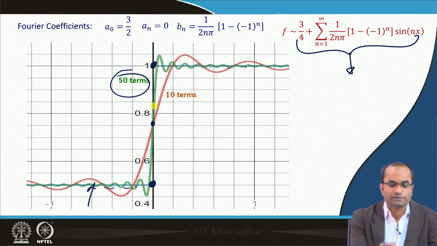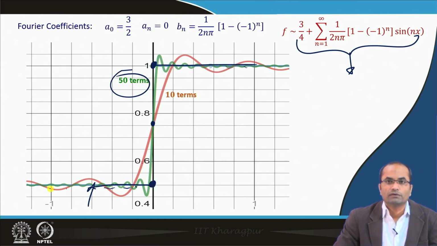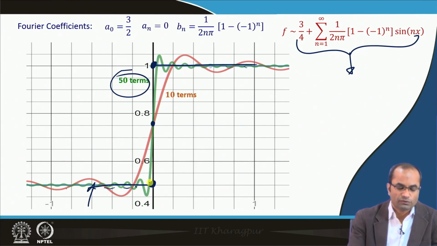If we take more terms, from 0 onward it will match, and from less than 0 it will also match the given function. But what will happen at this 0 point, which is definitely not matching here, is that it is always crossing this point in the middle.